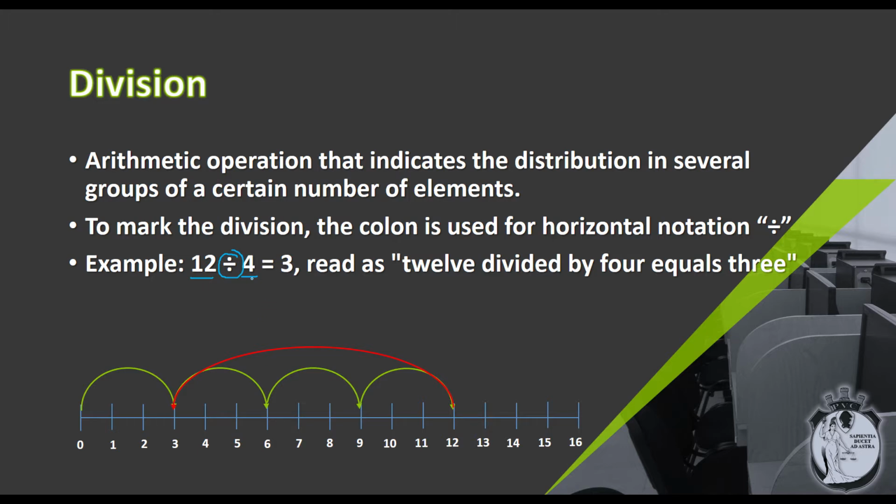Again you move from 0 to 12, and you divide it in 4 parts. This is one part, second part, third part, and fourth part. Every part is 3, so the result is 3. This is all about the basic operations.